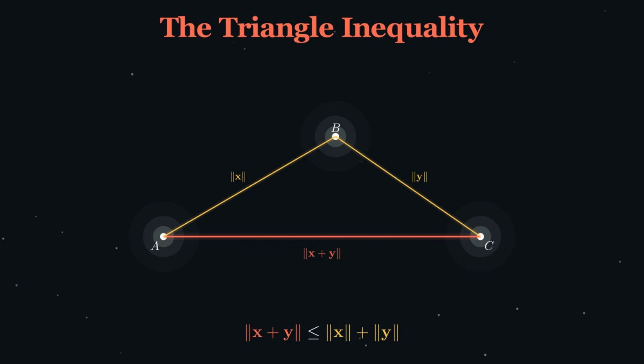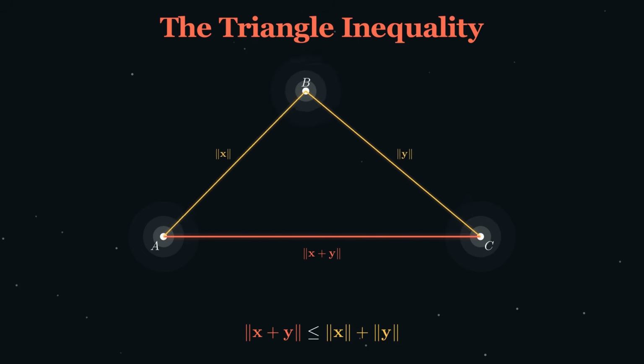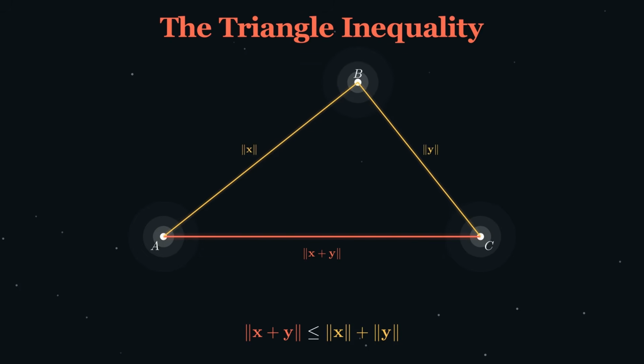If you walk from A to B and then from B to C, the total distance you walked is at least as much as if you had just walked straight from A to C. The shortcut is never longer than the detour. Think about it like a triangle. The straight line from one corner to the opposite corner is always shorter than going along the other 2 sides. Always.